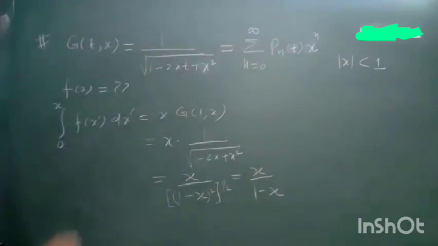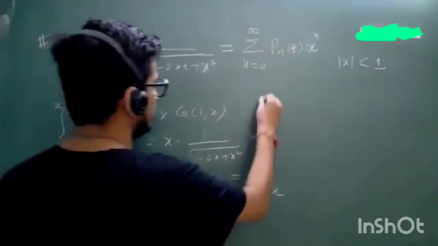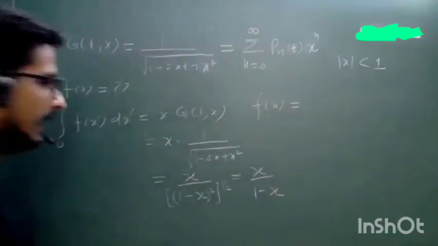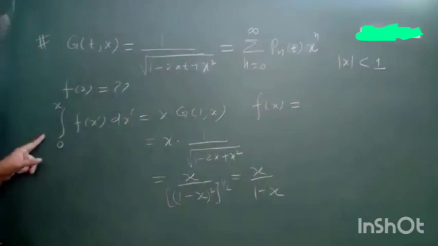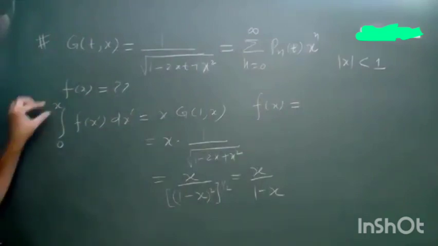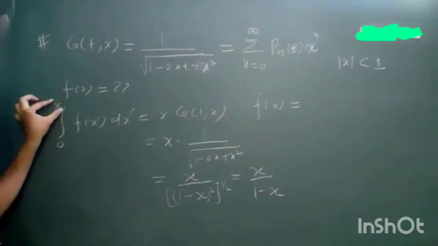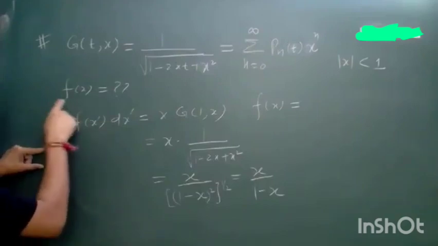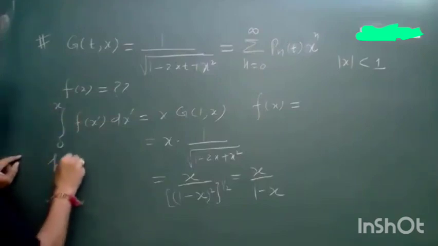Now to get the value of f(x), just differentiate both sides. So this will become f(x) is equal to, and please apply here the Leibniz integral method, because the limit is a function of x. If the limits are functions of x, we have to apply the Leibniz formula.